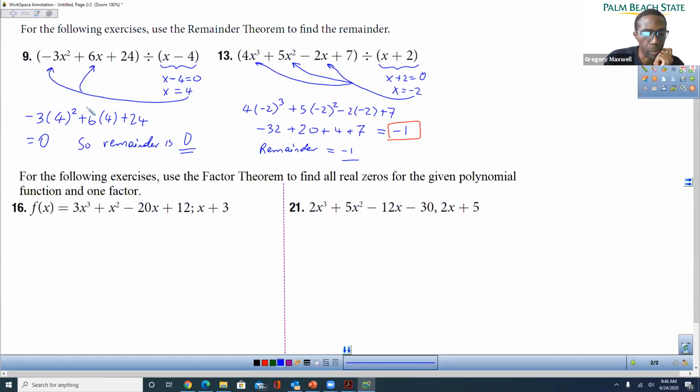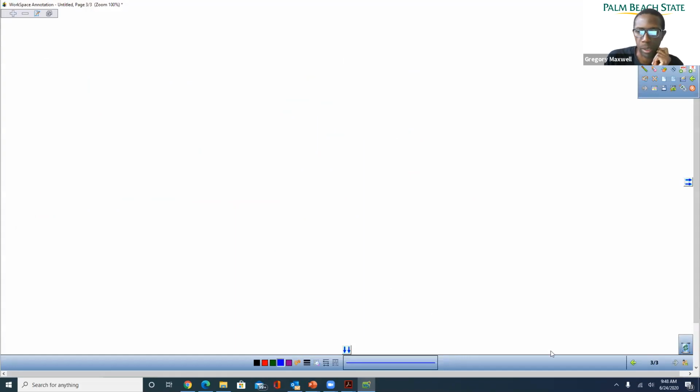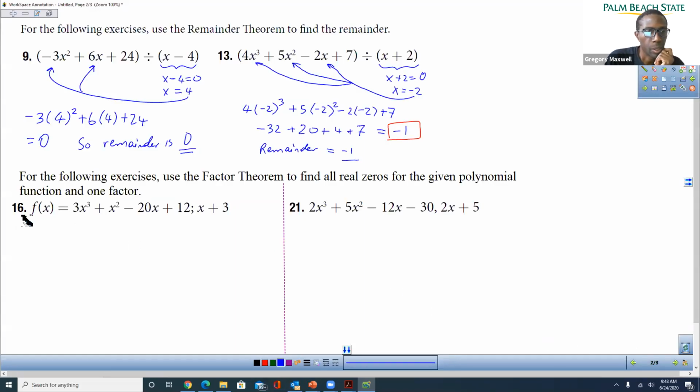All right, we're going to plug in -3 into the function here for number 16. We get 3 times -3 cubed plus the square of -3 minus 20 times -3 plus 12.